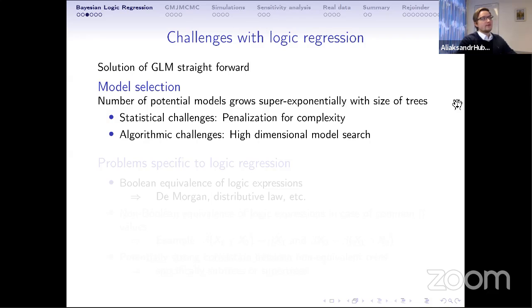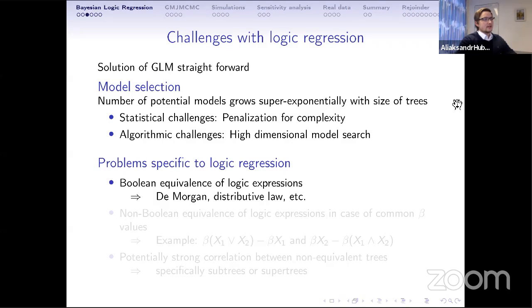On the other hand, we have quite some algorithmic challenges. We have an extremely high dimensional model search problem with many local extrema, which might be sparsely located in that model space. In addition, we have some problems in specifying the logical trees. We have a lot of Boolean equivalences between different expressions because of the De Morgan and distributive laws.